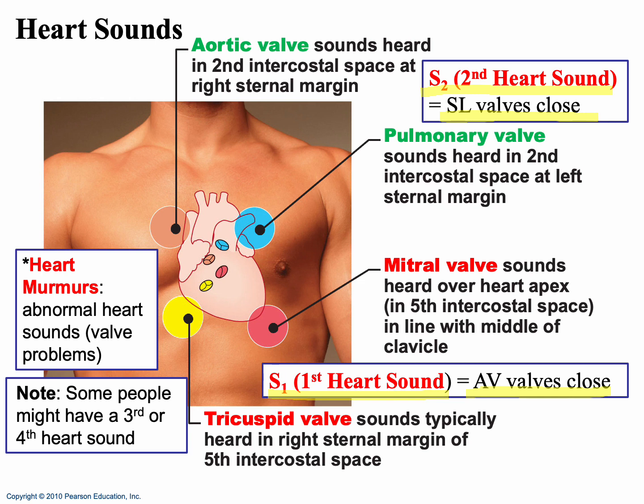Now, some people might even have what are known as heart murmurs, and these are going to be abnormal heart sounds, where maybe the valve is not properly opening and closing. Maybe there's some obstruction. Some people may even have a third or fourth heart sound, which would be abnormal in an adult. So, very important to know your first heart sound and your second heart sound.